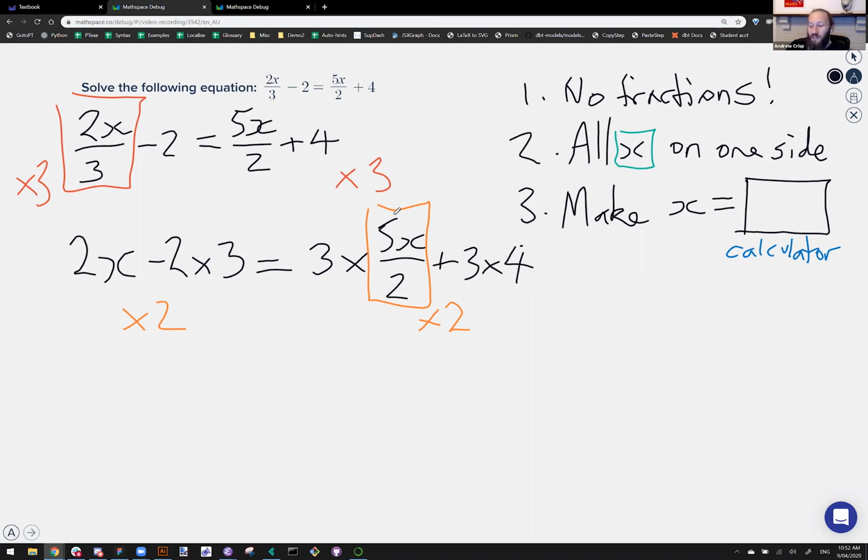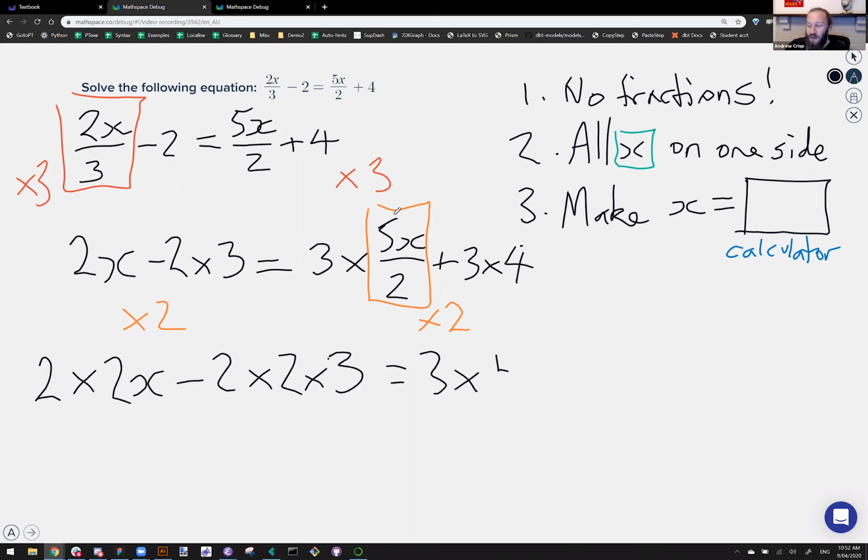So what have I got? I've got 2 times 2x minus 2 times 2 times 3 equals 3 times 5x on 2 times 2. The whole reason we times it by 2 is that we can just write this as 5x.